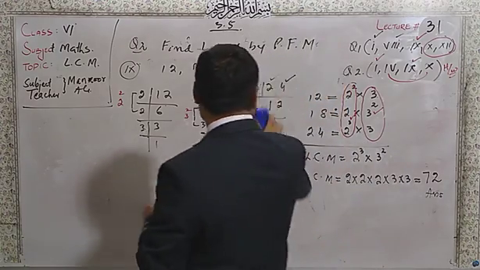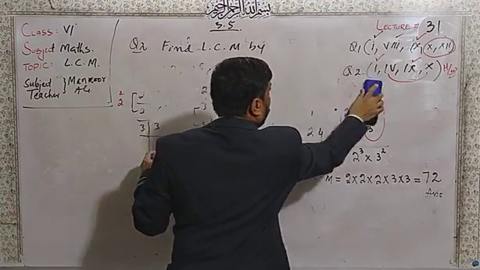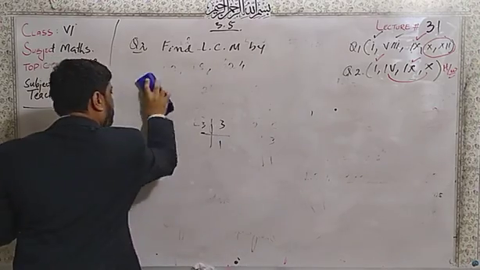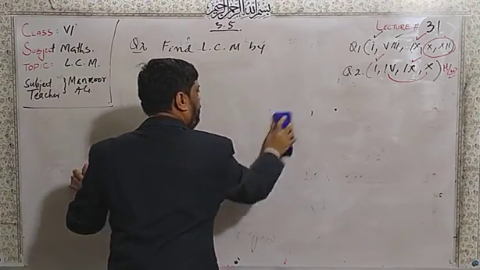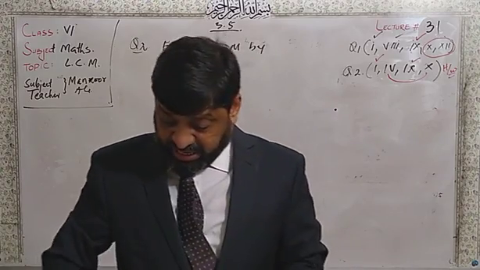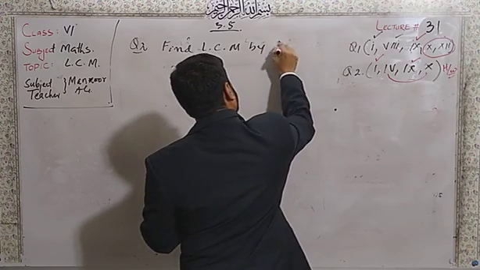This is the last question, where I will find the LCM by the division method. In this method, the LCM we have to find by the same process. The method is different. What is the method? By division method.